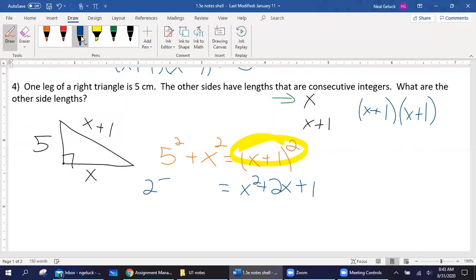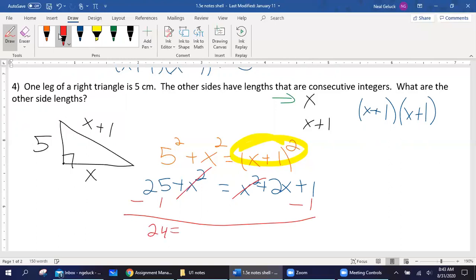On the other side, I've got 25 plus x squared. Fortunately, on this one, even though it is a quadratic at this point, the x squareds subtract off, and I'm left with a much simpler problem. So I just got to subtract 1. So 24 equals 2x. If I divide by 2, I get that x is 12.